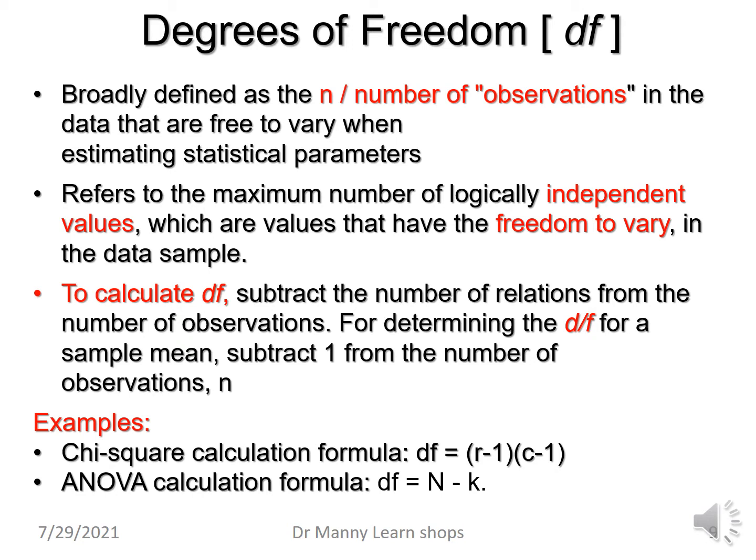To calculate the degrees of freedom, subtract the number of relations from the number of observations. For determining the degrees of freedom for a sample mean, subtract 1 from the number of observations. Examples could be chi-square and ANOVA, as far as the calculation formulas go.